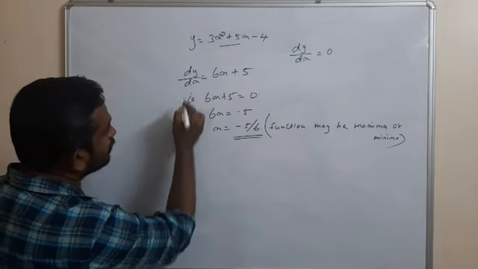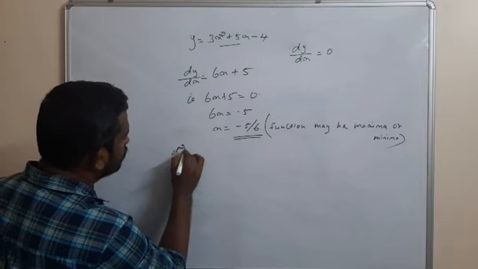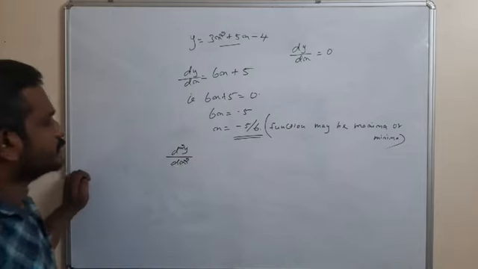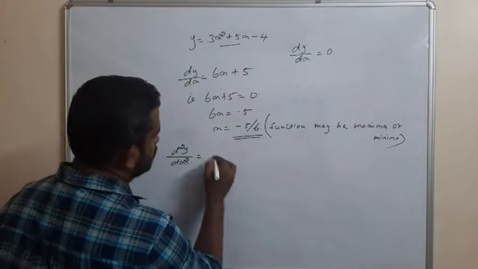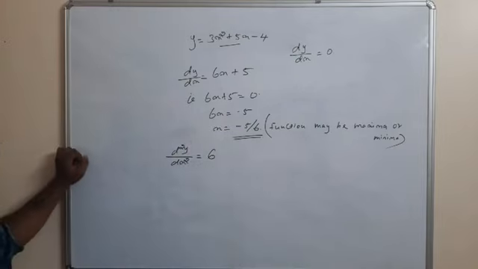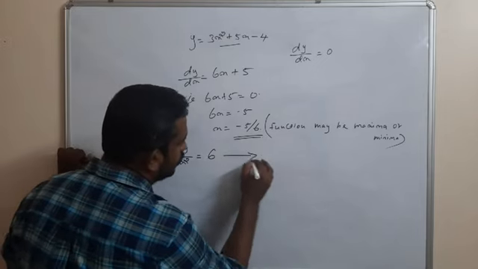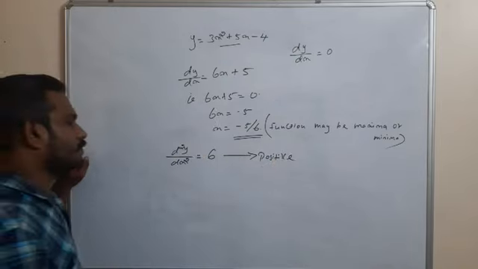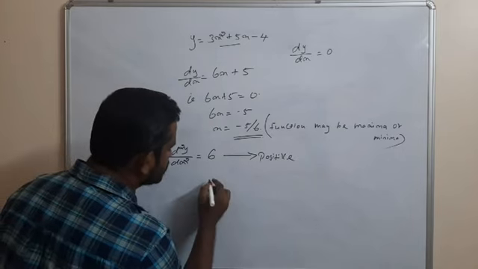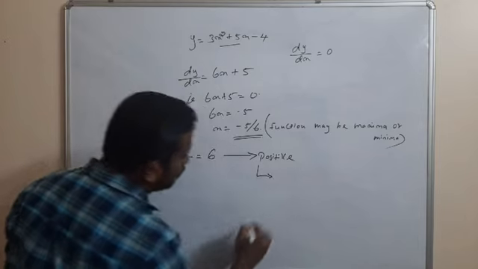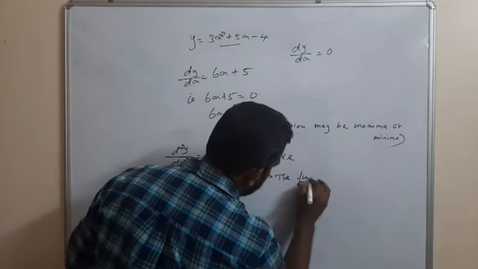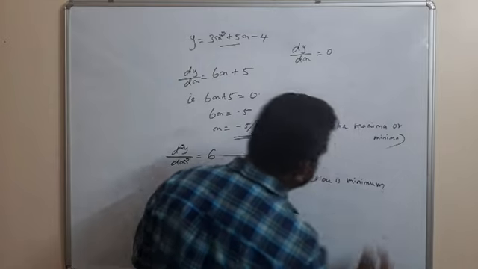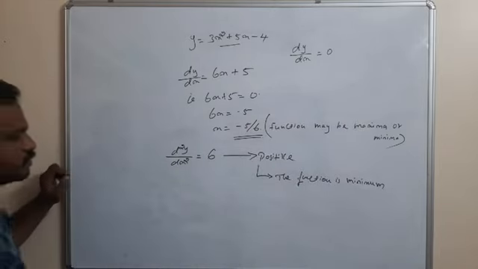So d square y by dx square is equal to 6. So this is positive. Positive means the function is minimum.